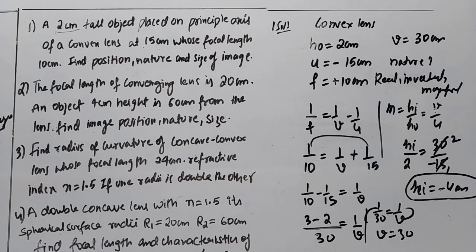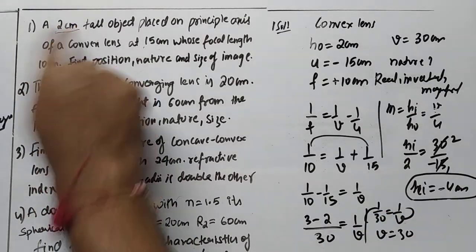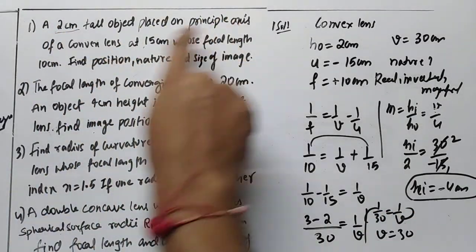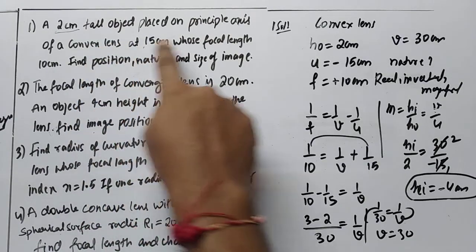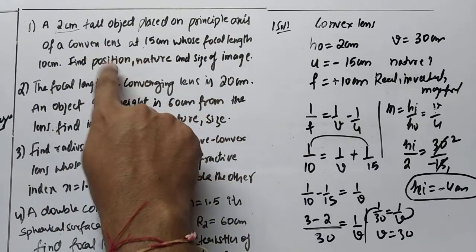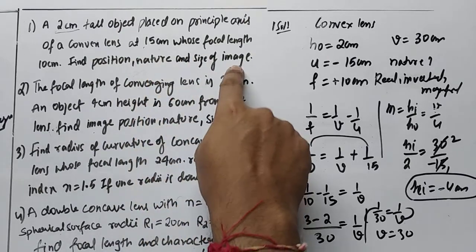Now let me explain the second one. The second question is similar to the first one, so if you have understood this one, I can recall. It says an object of 2 centimeter height is placed on the principal axis in front of the convex lens, whose object distance is given and focal length is given. We have to find the position, nature and size of the image.